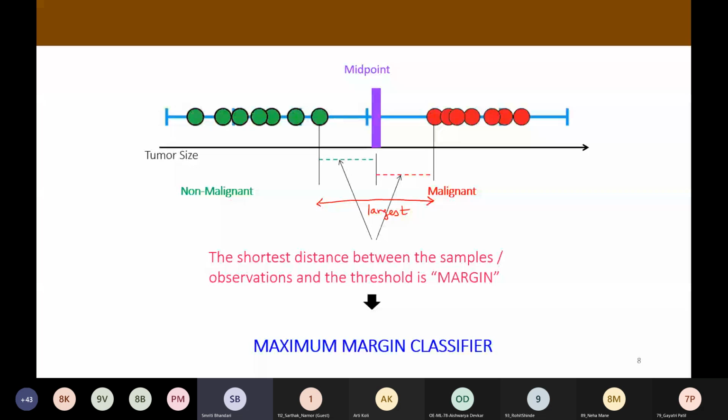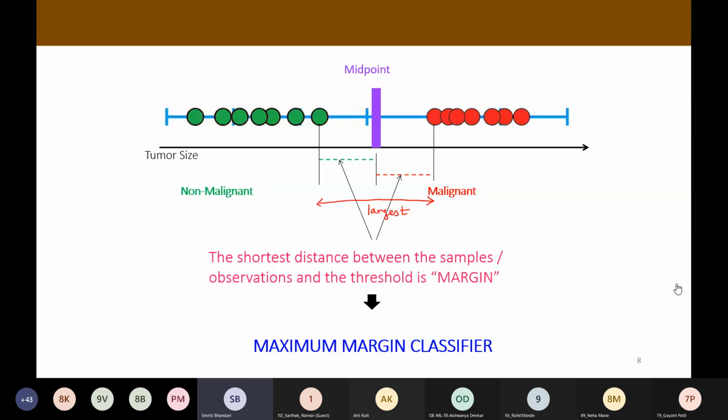Now, in the next class, we are going to extend the same concept to more than one dimension, and also talk more about the technical details of this maximum margin classifier.